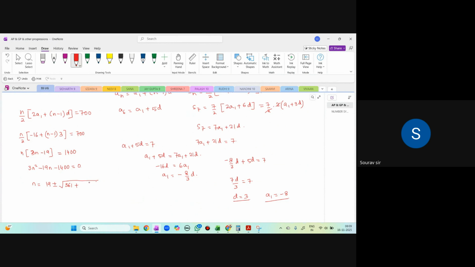So 12 into 14 is 16800 by 6. So n equals 19 plus minus square root of 16,800 and 361.